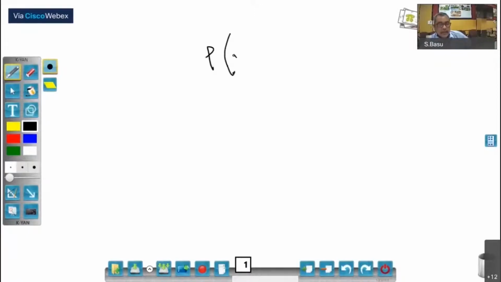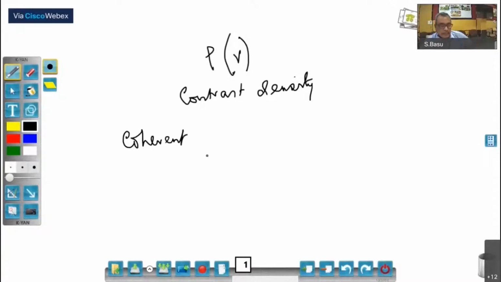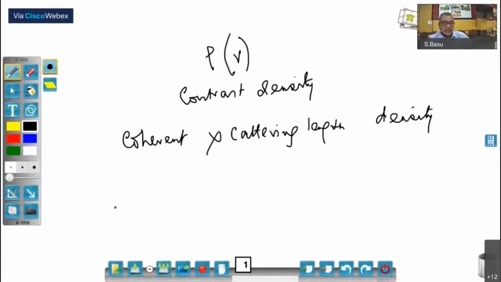We talk in terms of density, and we talk in terms of contrast matching in density. So what is this density? This density is coherent scattering length density in the medium.